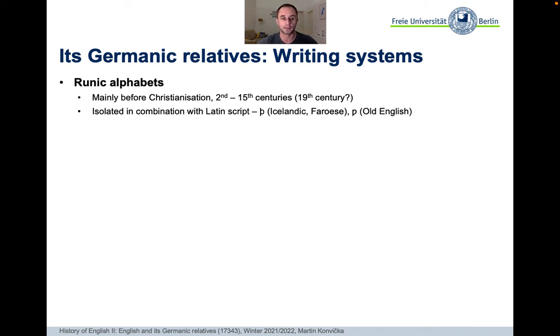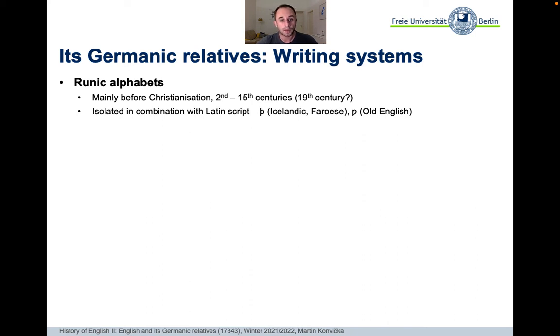The earliest that we know of come from approximately the 2nd century AD, and the last probably from the 15th century. There were also some runes being used in Norway in the 19th century or even the beginning of the 20th century, but whether those runes are a continuation of these old runes beginning in the 2nd century is another question.